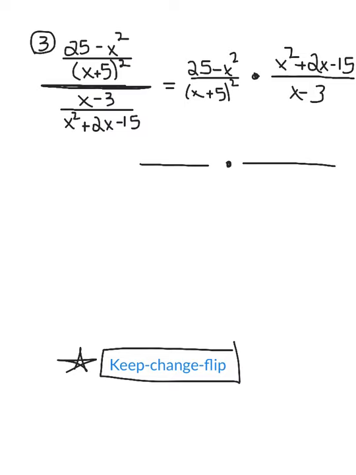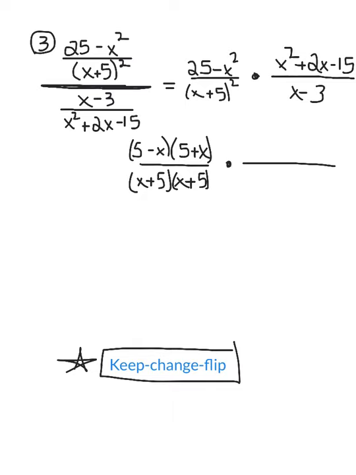So 25 minus x squared is going to become 5 minus x and 5 plus x. Remember, the 5 has to come first because the 25 comes first. All right, let's tackle this. If we have a quantity and it's squared, doesn't that mean that we can write that quantity twice? I'm going to change that denominator then to x plus 5 times x plus 5. All I'm doing is just writing it twice. No factoring, nothing fancy, done.